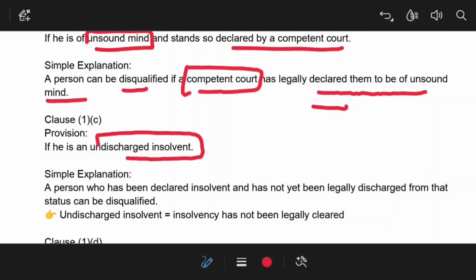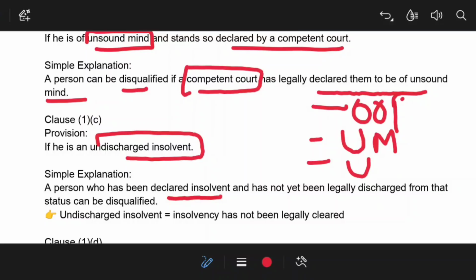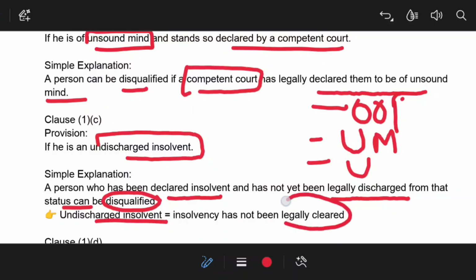One was the office of profit, which I discussed earlier, second was unsound mind, and the third is undischarged insolvent. That means a person who has been declared insolvent and has not yet been legally discharged from that status can also be disqualified. Undischarged insolvent means the insolvency has not been legally cleared yet.